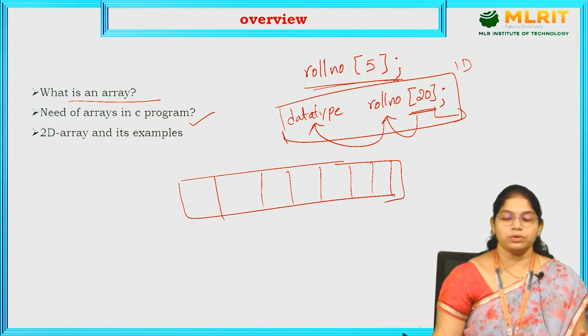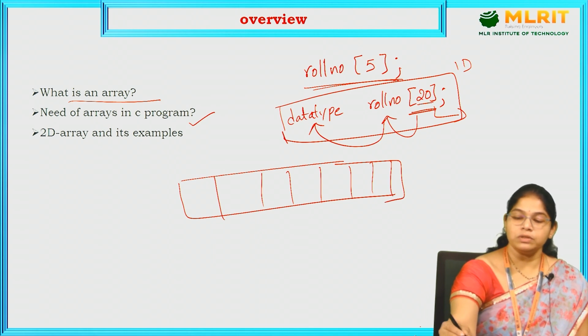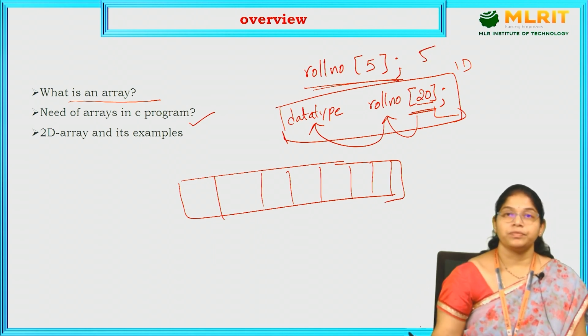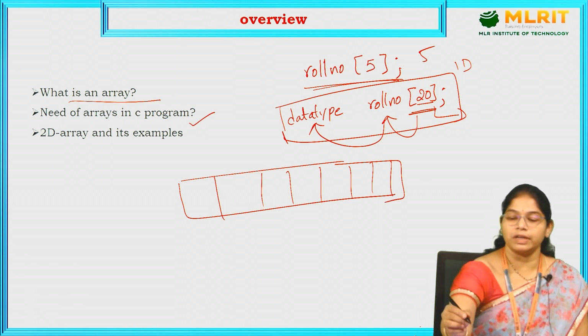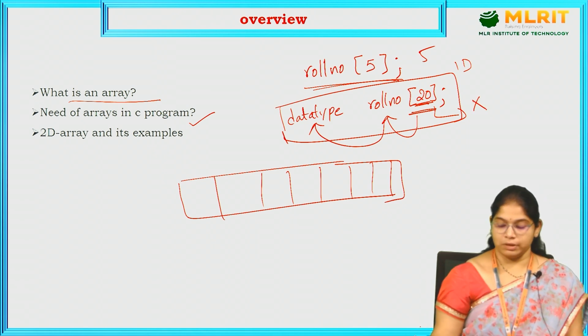If I want to store roll numbers of 20 students and 5 subject marks of 20 students, is it possible with a 1D array? That's not possible.